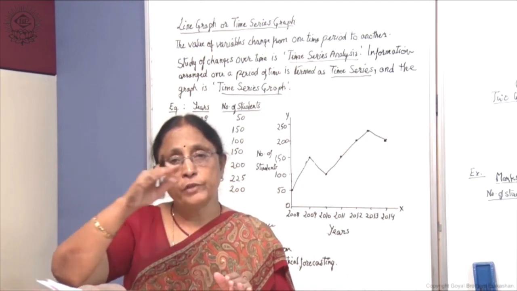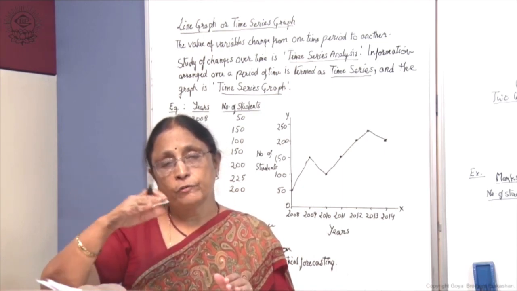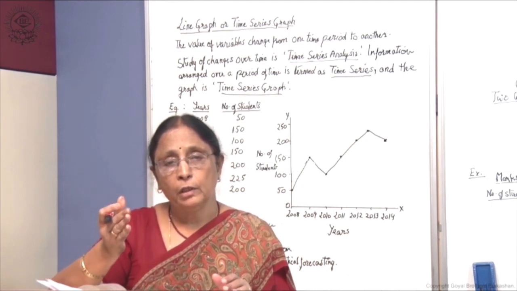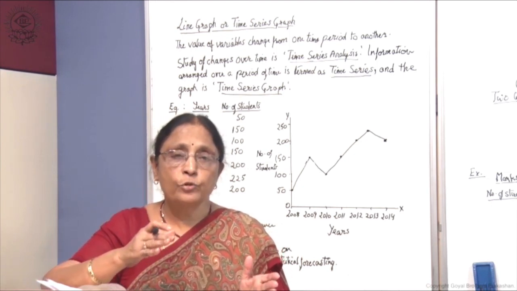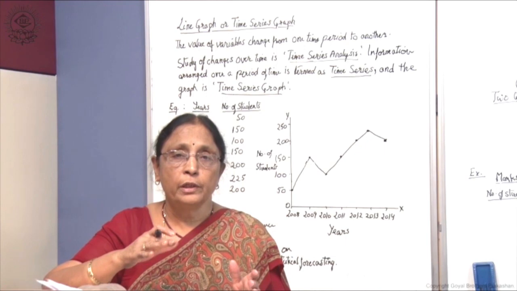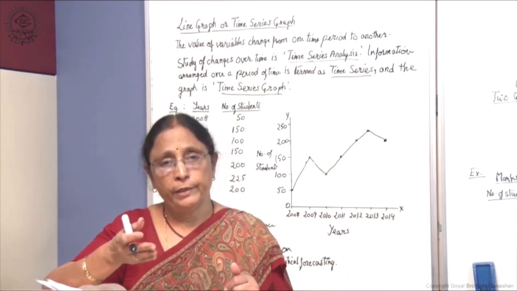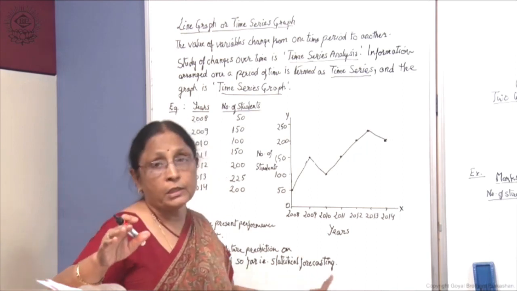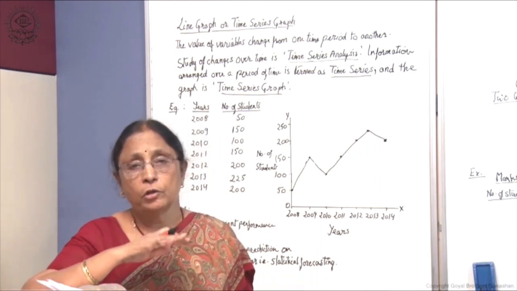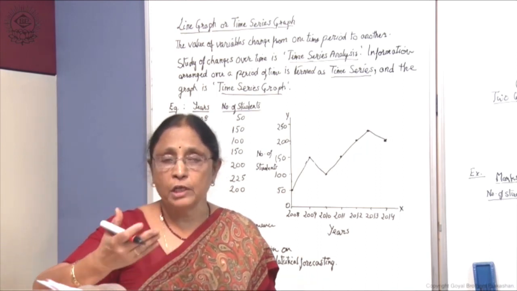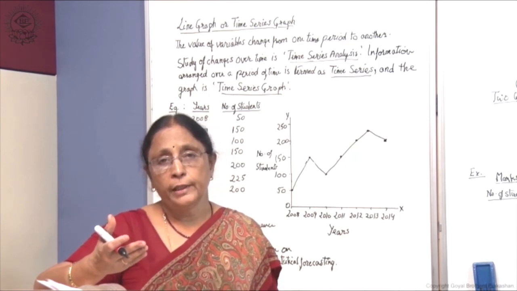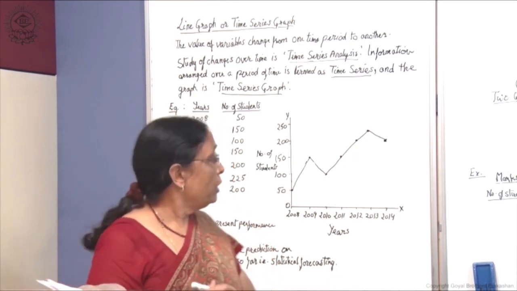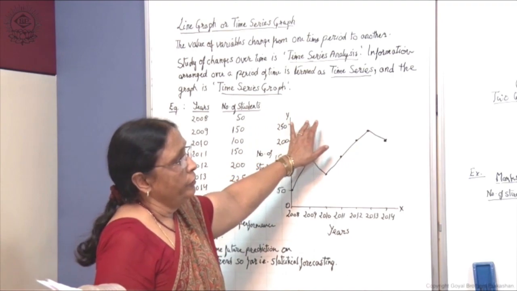So, on the basis of the trend or on the basis of the shape of the curve, how it is moving, you can predict to some extent what the future trend can be, and this prediction is called statistical forecasting, because it is not an accurate thing, but you are just forecasting the statistical analysis. So, this is called a time series graph.